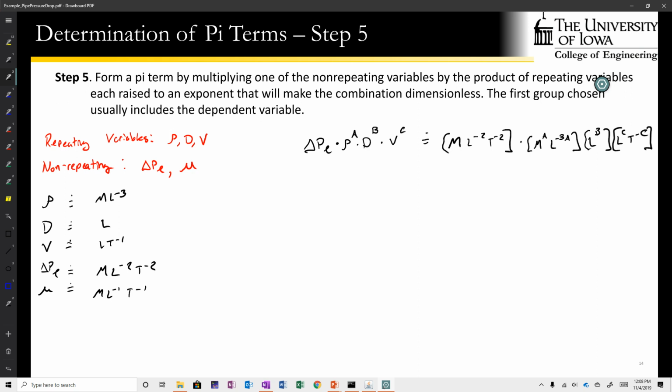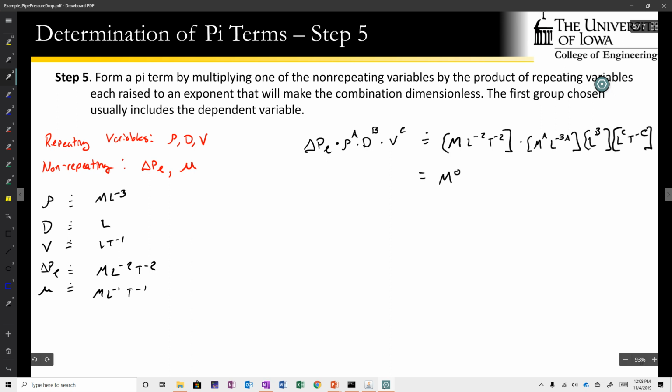If we want this thing to be dimensionless, we want the right-hand side to be mass to the 0, length to the 0, time to the 0. So this becomes an algebraic system of equations where we have to solve for A, B, and C to make that happen.